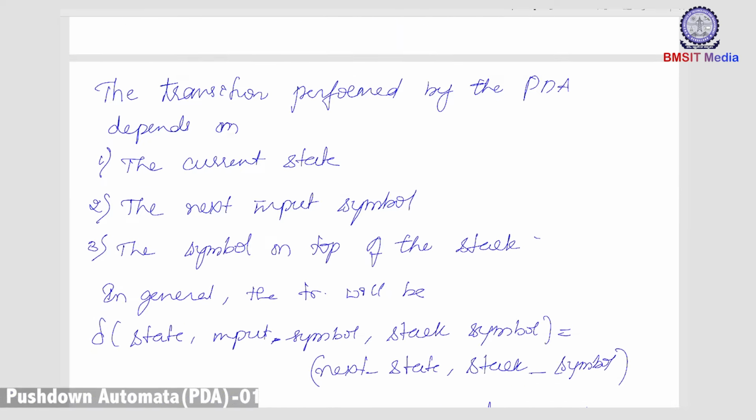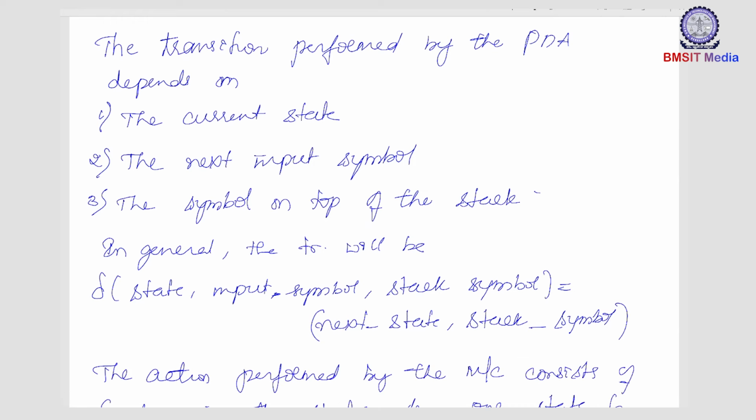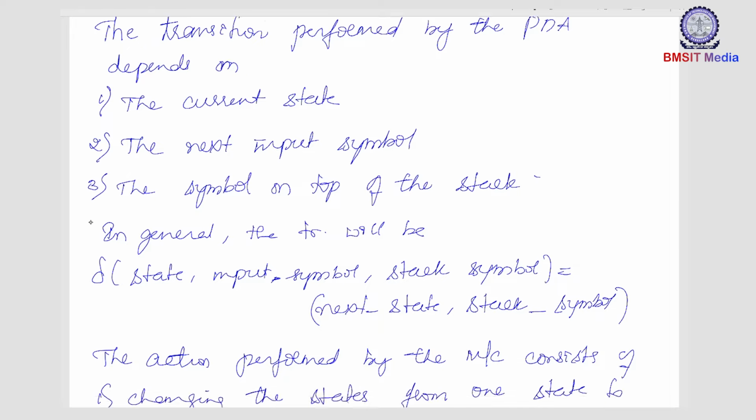Coming to the transition, the transition performed by the PDA depends on three things: the current state, the next input symbol, and the symbol on top of the stack.